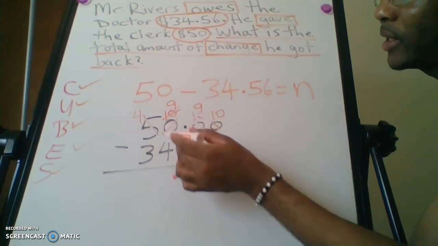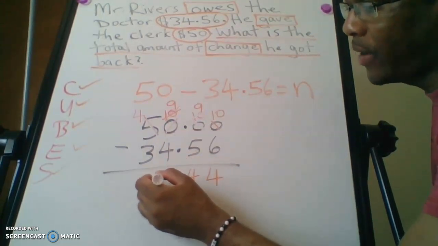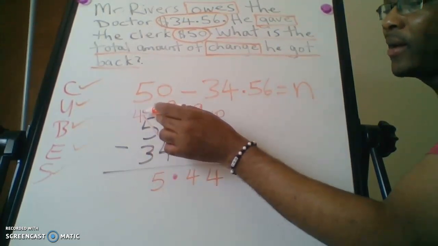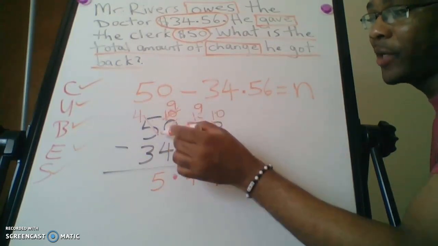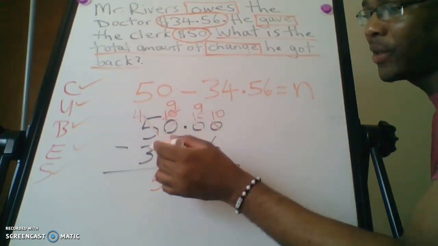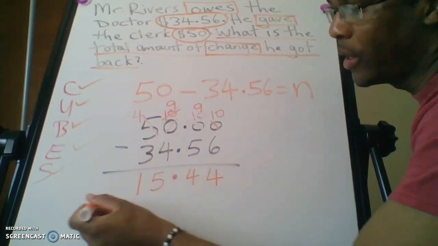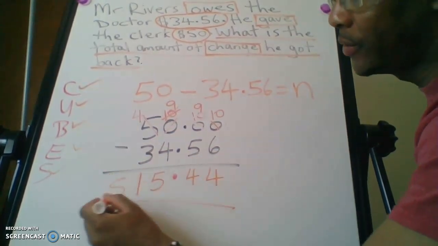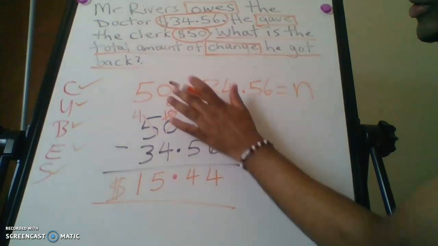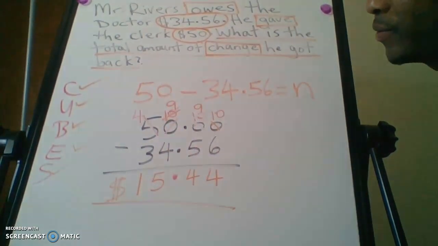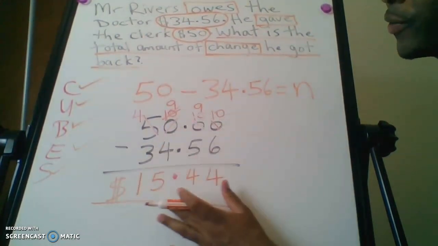So 9 take away 4 is 5. And now I have 4 left, not 5. Make sure you cross it out. 4 take away 3 is 1. And now I know I can put my dollar sign here. No need to put a dollar sign up here. It's going to confuse you. Just put it for your answer.